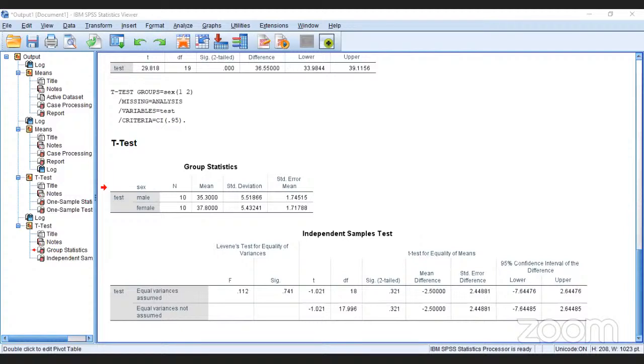First is table number in bold above the table. Second one, brief title in italics and title case below the table number.